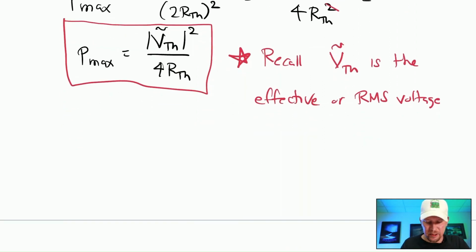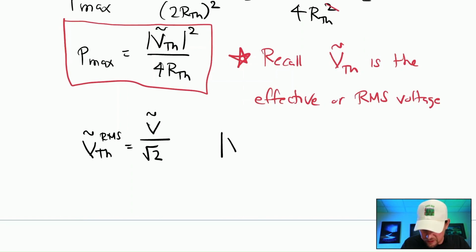So this whole thing can actually be rewritten in terms of the magnitude, recalling that if you happen to have the RMS value of something, it is the same thing as the magnitude divided by the square root of 2. And if I take just the magnitude of this side, it's the same as the magnitude of this side squared.